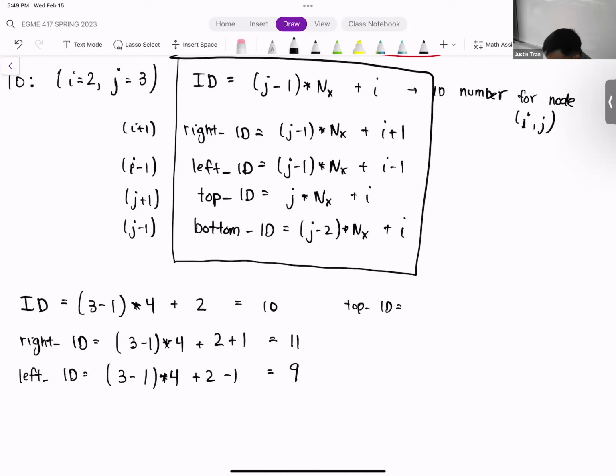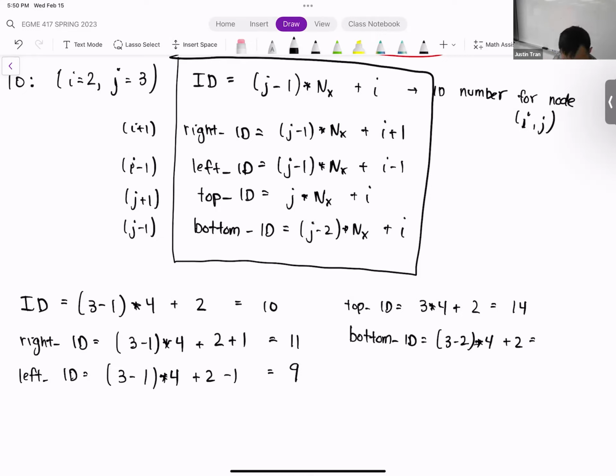Then we have our equation for top ID. So top ID is just going to be j times nx plus I. And so we have 3 times 4 plus 2. 3 times 4 is 12, plus 2 is 14. Then we have bottom ID, so we have j minus 2, so 3 minus 2, multiplied by 4, plus 2.